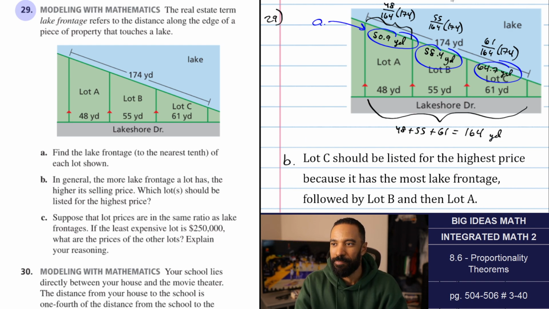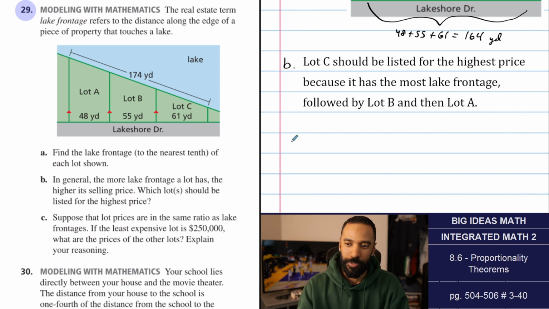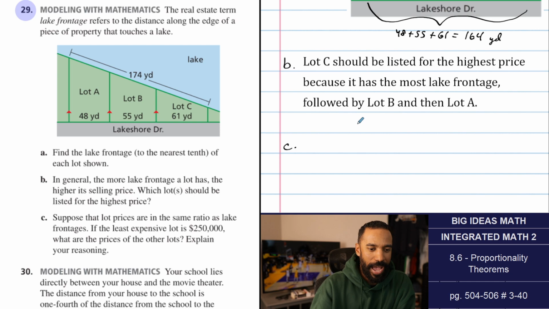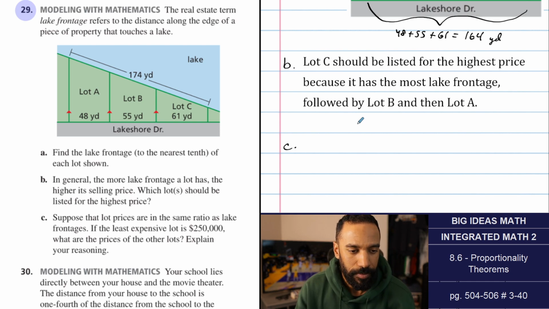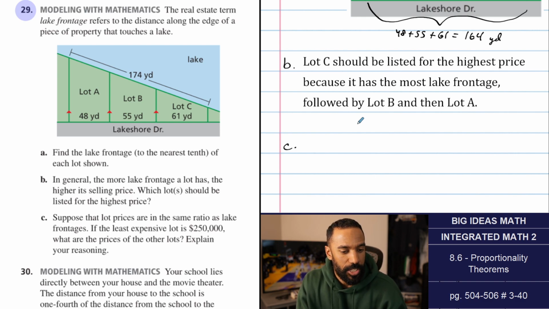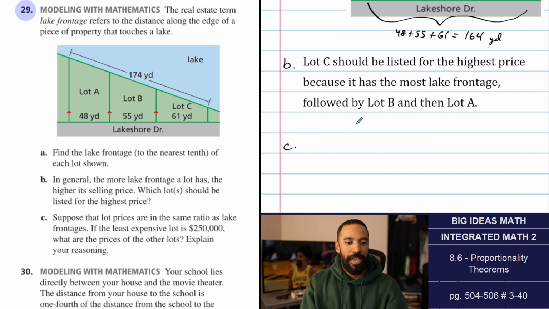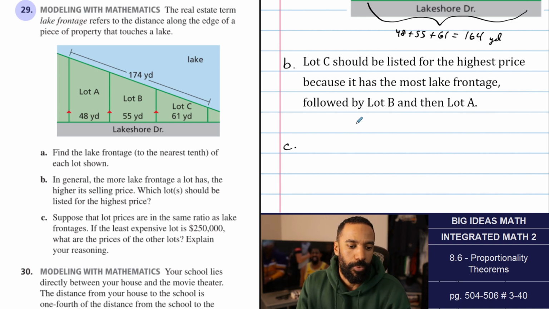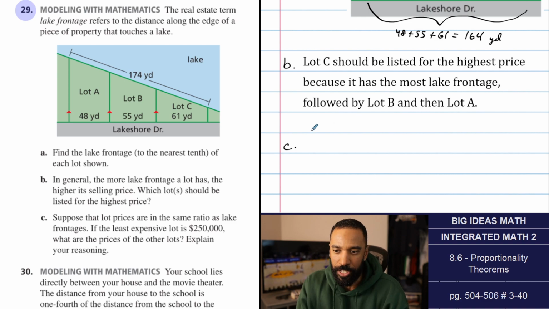And then part C: suppose that lot prices are in the same ratio as lake frontages. If the least expensive lot is $250,000, what are the prices of the other lots? Explain your reasoning.